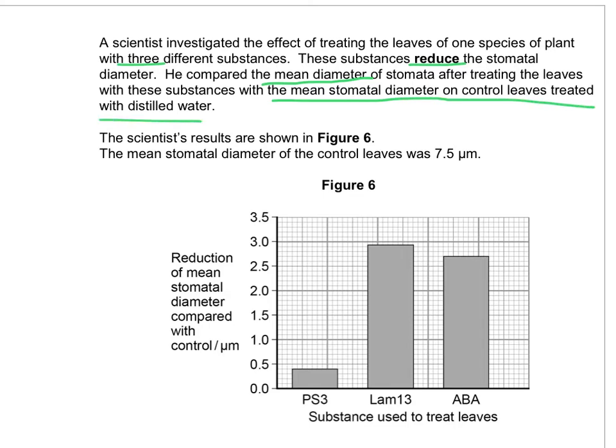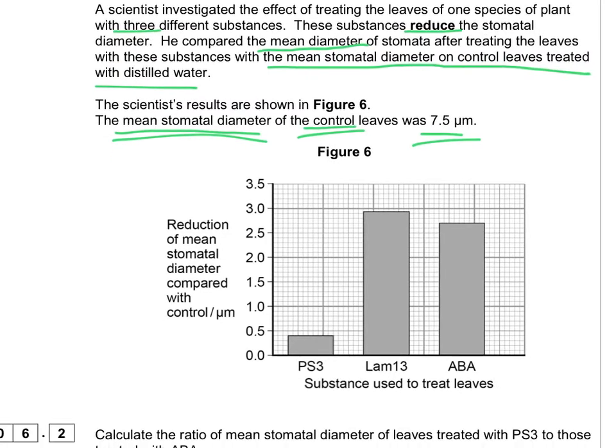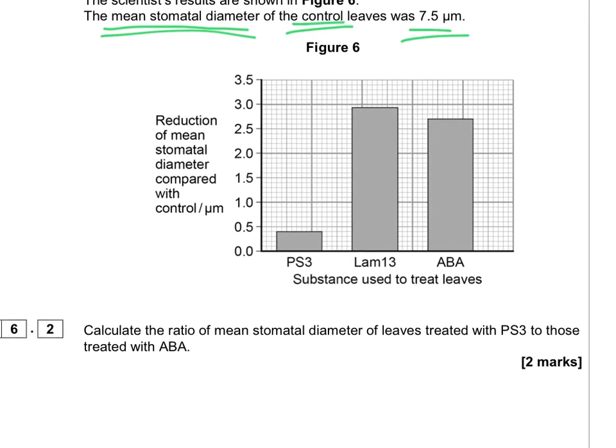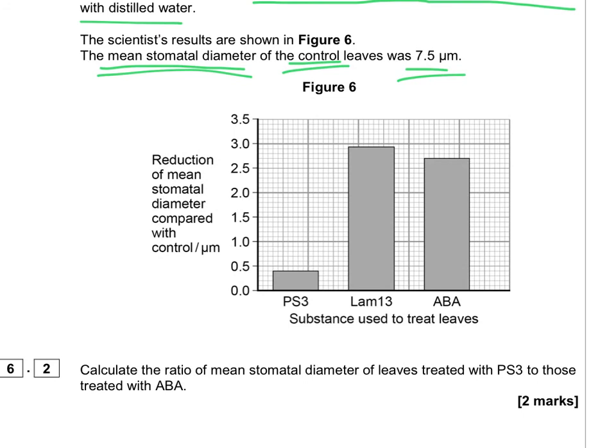And the results are shown, and it says, this is really important, the mean stomatal diameter of the control was 7.5 micrometers. So on this graph we've got the reduction of mean stomatal diameter compared with the control.